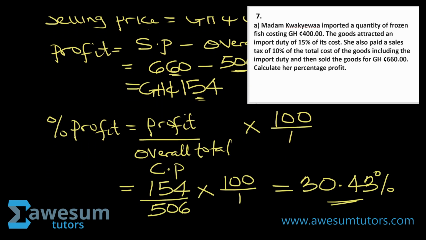But for us to calculate percentage profit, we have to do the profit over the overall total cost price times 100/1, because it's percentage. Then if you plug in all the numbers, our final answer is 30.43%.